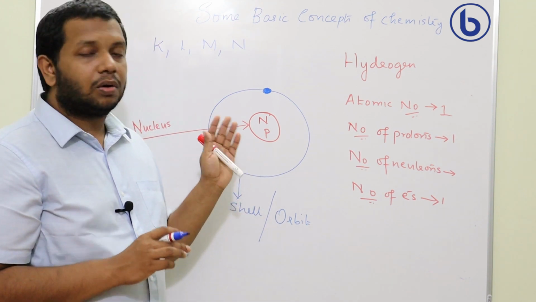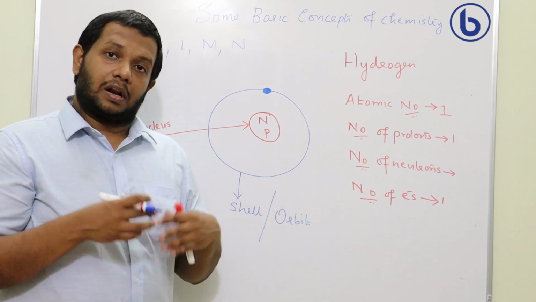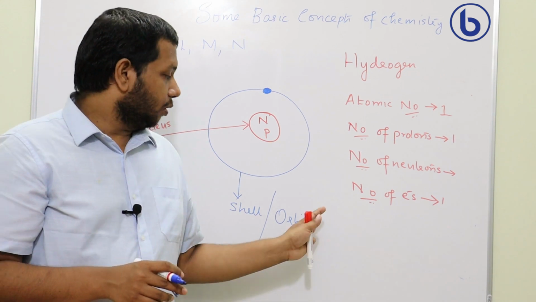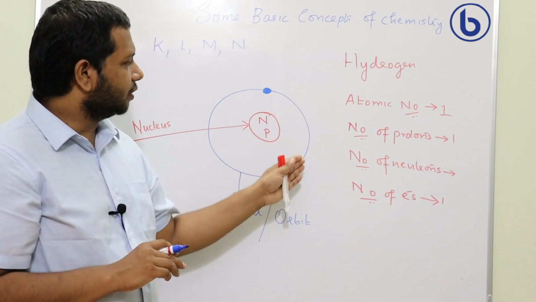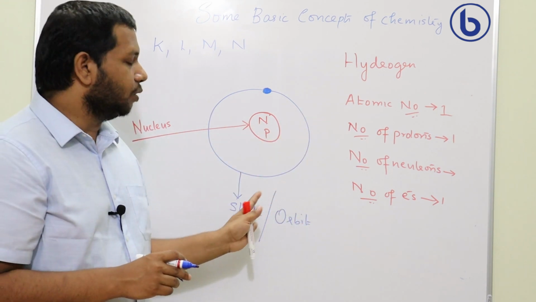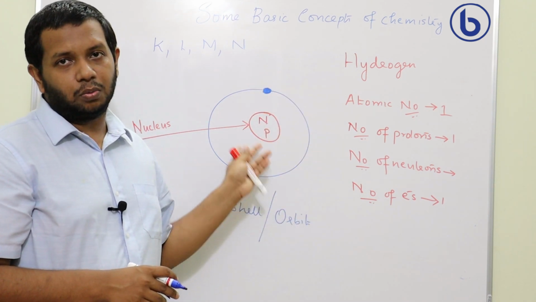Right now you might have understood what shell or orbit means. There are many other terms, subshells and orbitals, which we will go into in detail in atomic structure. For now, understand that electrons revolve in something called an orbit or a shell, and the final shell. For the hydrogen atom there is only one shell.